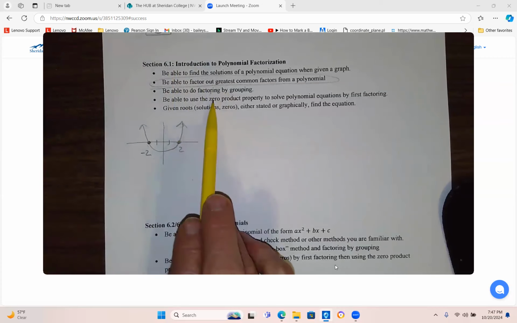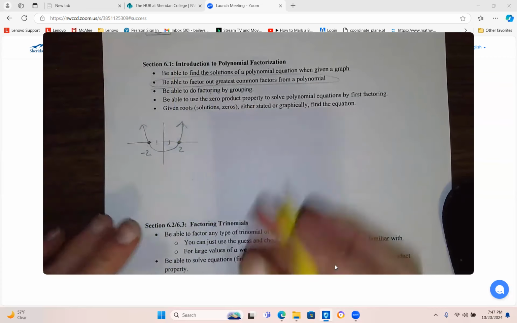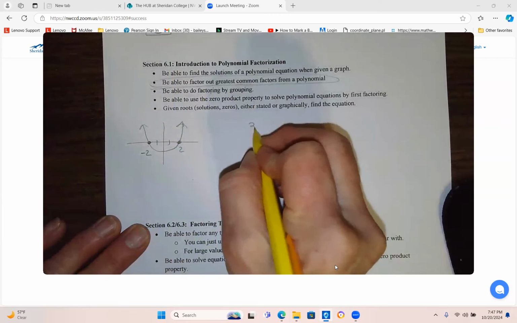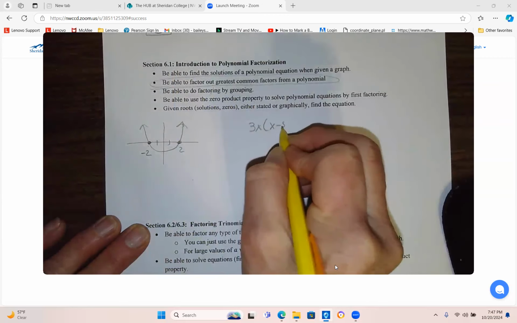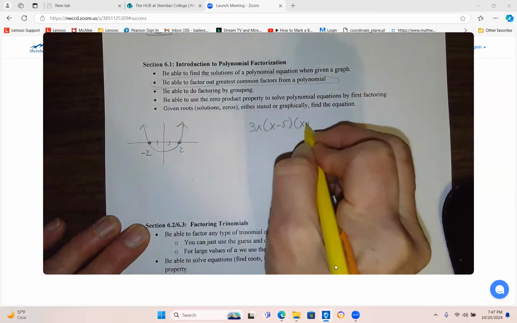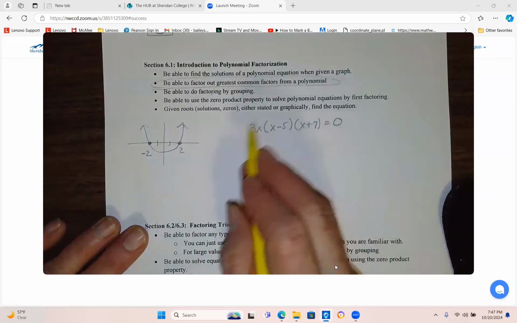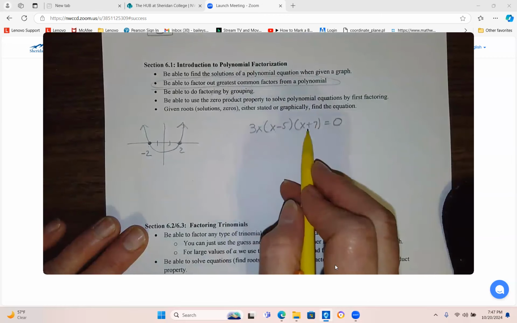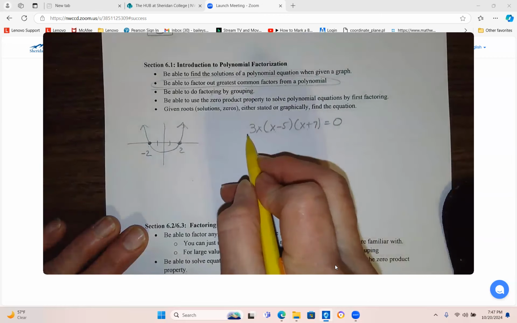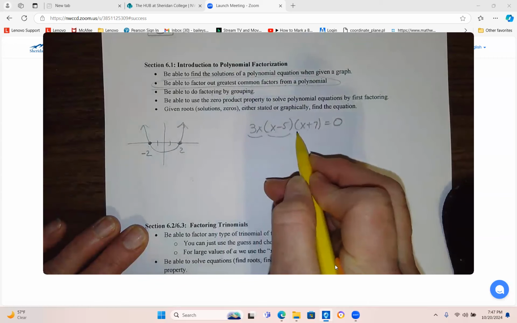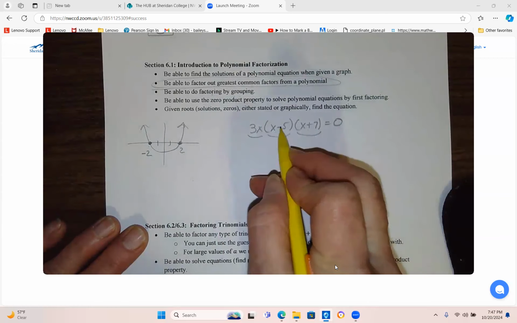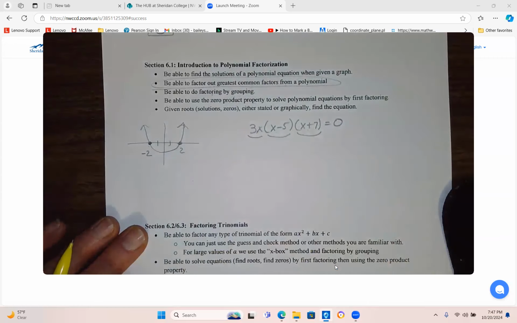Be able to use the zero product property. So once you've set it equal to 0 and factored it, you pull out the greatest common factor, you factor what is left. These represent 3 numbers. When you multiply numbers together, only one of them has to be 0.